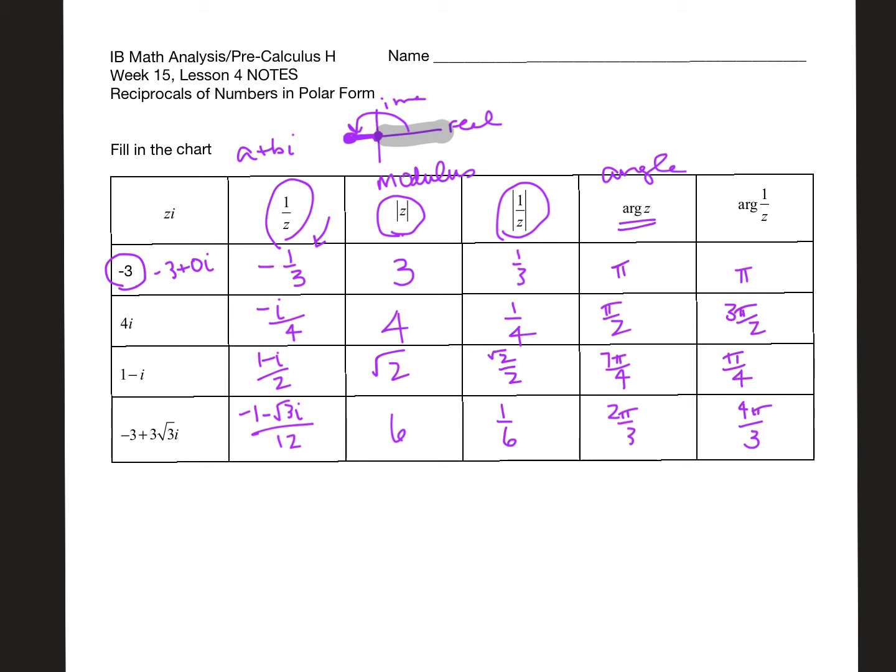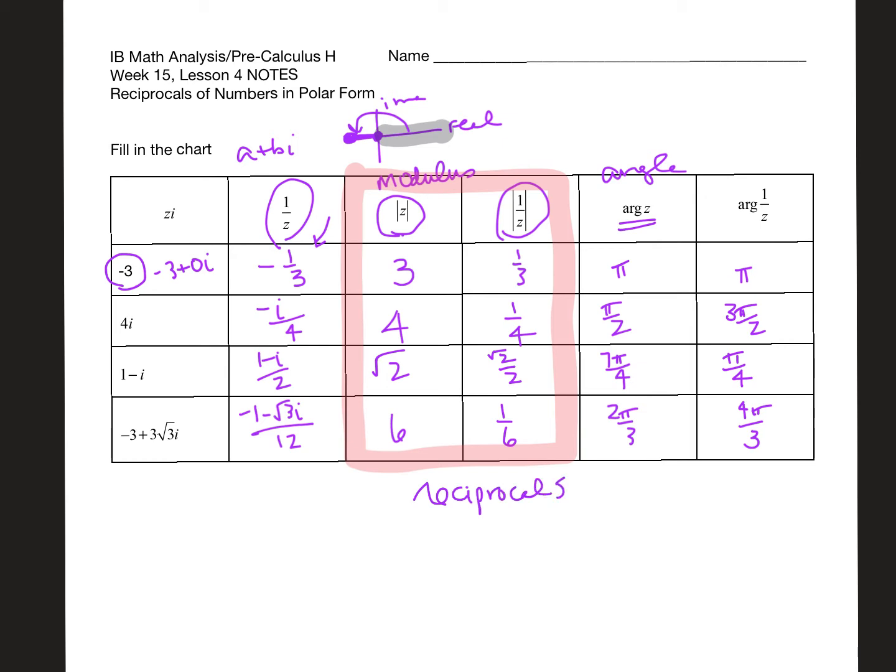And I'm hoping that you were able to get these values. Now, the reason that we're doing this is so that you will see that these two columns are reciprocals of each other. Reciprocals.